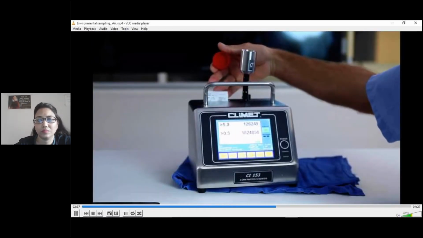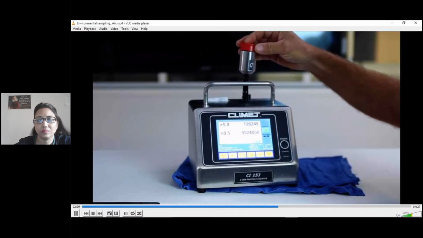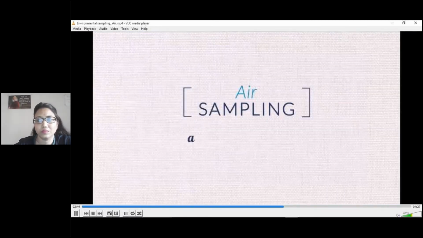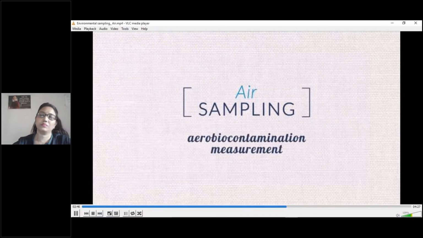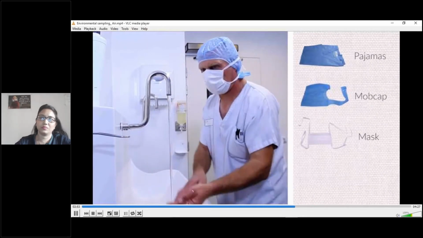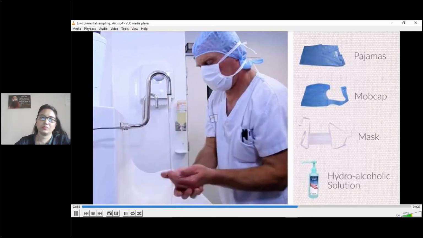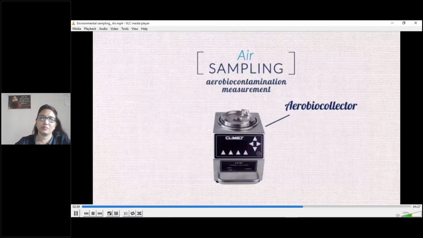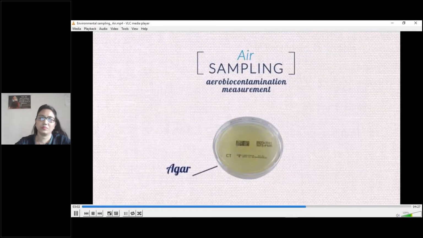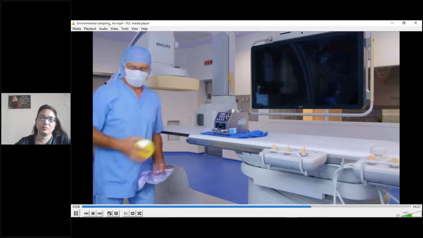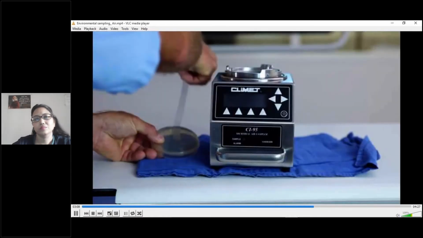Retrieve the data from the particle count. The technician complies with the dressing and hand hygiene regulations. For aerobiocontamination measurement sampling, we'll use one aerobio collector, one nozzle, one agar. Place the biocollector on a flat surface at a comfortable working height.